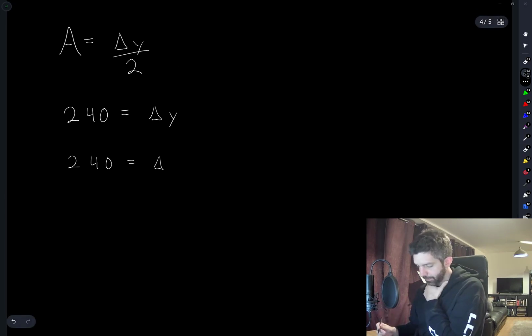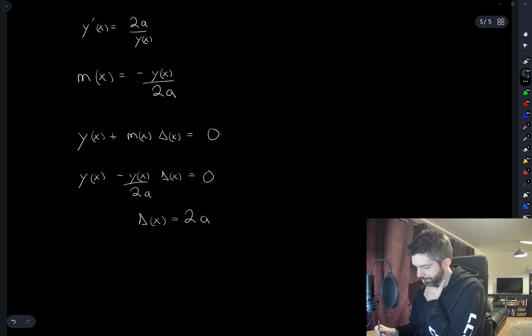Okay, so I guess according to the way I've done this, if the x coordinate of this point P is x, then Q is always a distance of 2a to the right of that. Something I didn't know about parabolas.